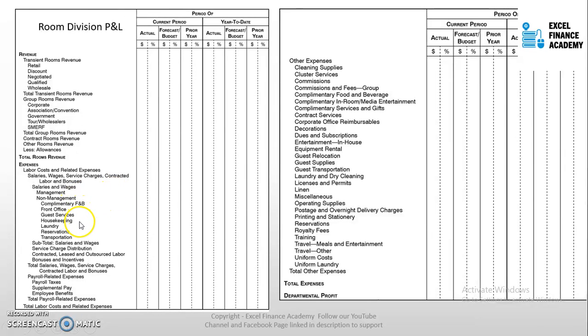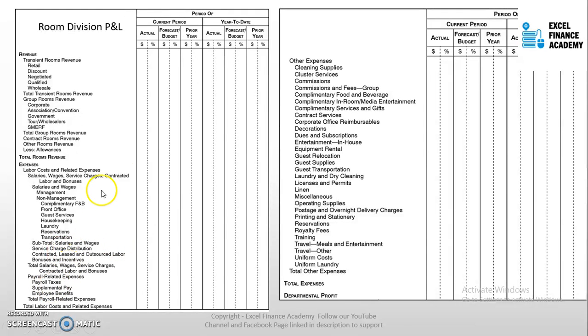Each operating department within the rooms division, and the other P&Ls as well, has the same structure. The first thing they do is management and non-management. Non-management is further divided into operations of each division, and then service charge, bonus, incentive, and payroll taxes.